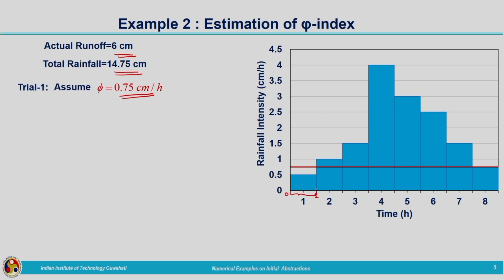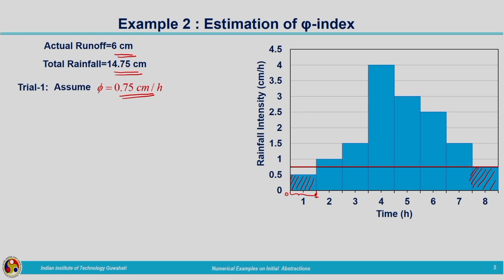So, during the first hour whatever rainfall is occurring, that is getting infiltrated or it is lost as initial abstractions, and also the last ordinate, that is corresponding to 7 hours to 8 hours. The rainfall corresponding to that particular time interval is also lost as infiltration or abstraction. So, whatever comes above will be taken as the runoff depth.